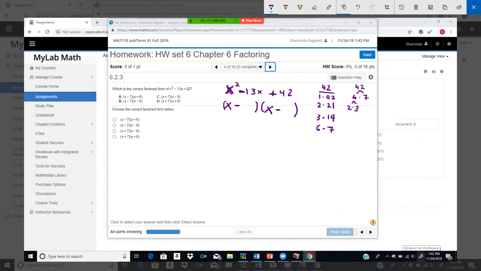So that's pretty much it. That just gives you an idea of capturing all of your products. When you have a long list of combinations, you have to look through each one. So which one will give you a negative 13?